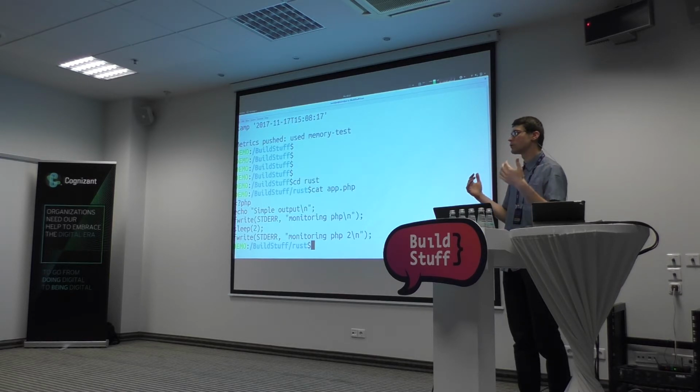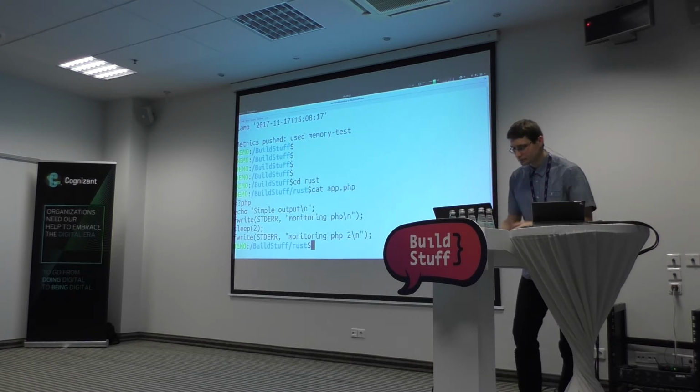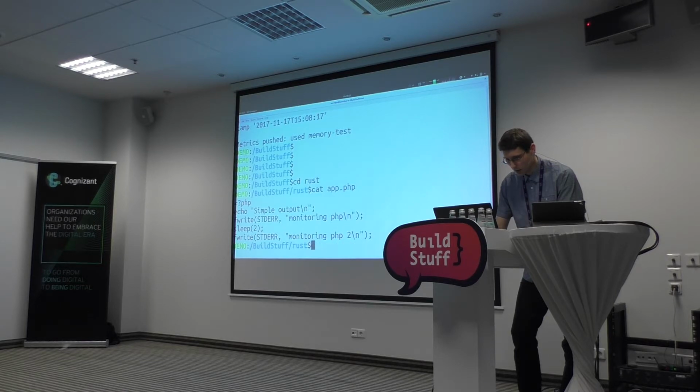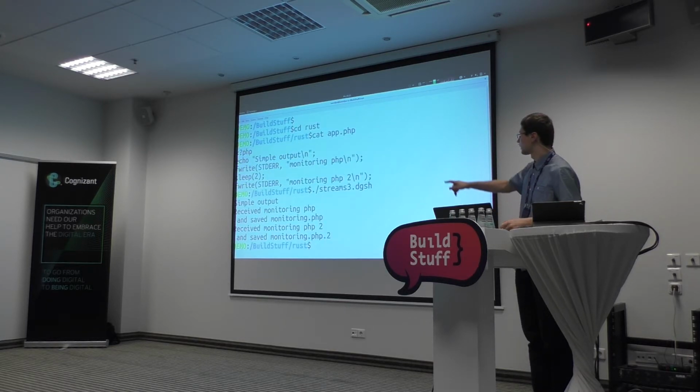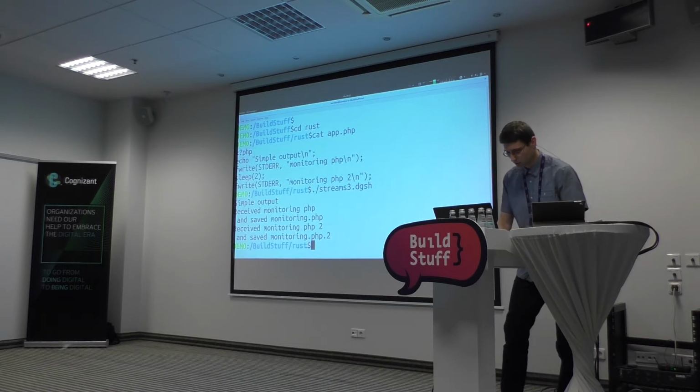And if you are pushing some metrics to standard error or some error messages, other applications can interact with it. If I show you the demo, you can see that there's output as a simple output, and then the monitoring tool receives those different file descriptor information and pushes those as a metric.